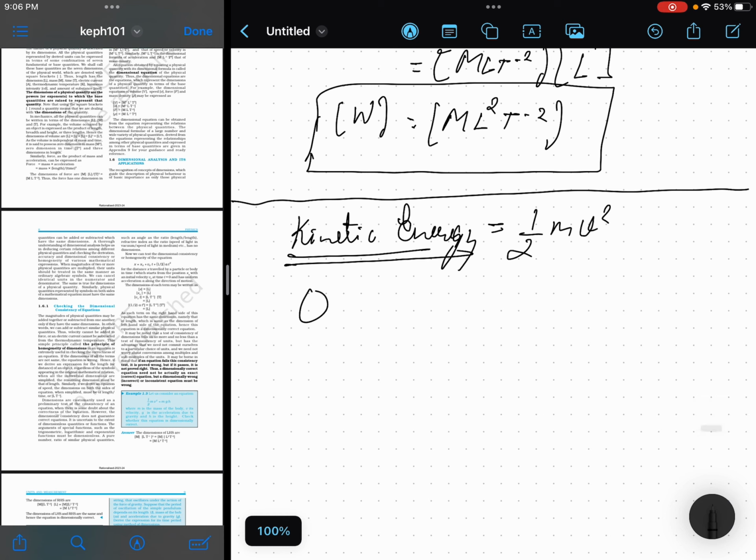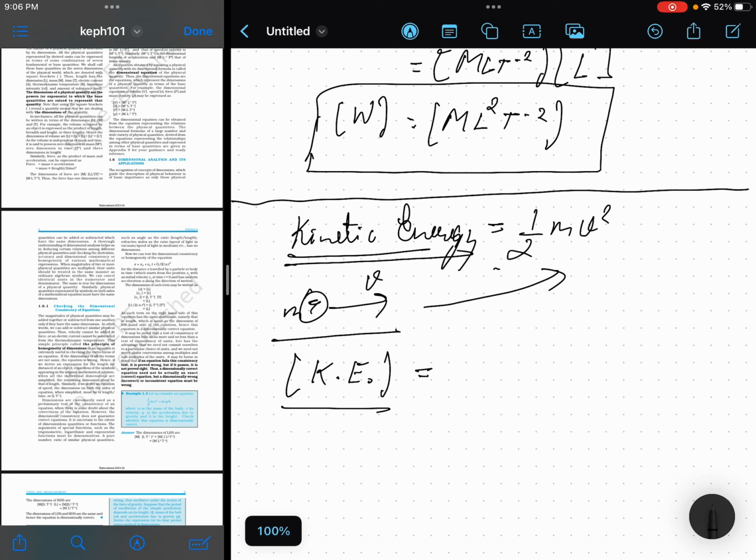If there is a body of mass m going with a velocity v, then the kinetic energy stored in this particular body is this much, half mv square. Let's try to find the dimension formula of kinetic energy. We are representing kinetic energy as KE closed in square bracket to represent it in the form of dimensional formula.